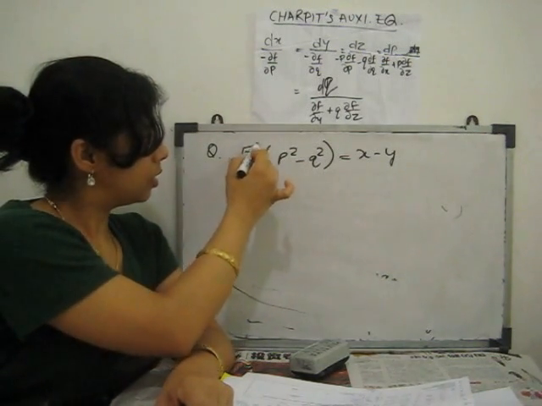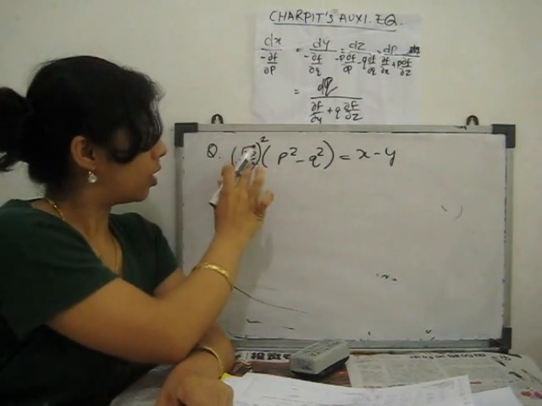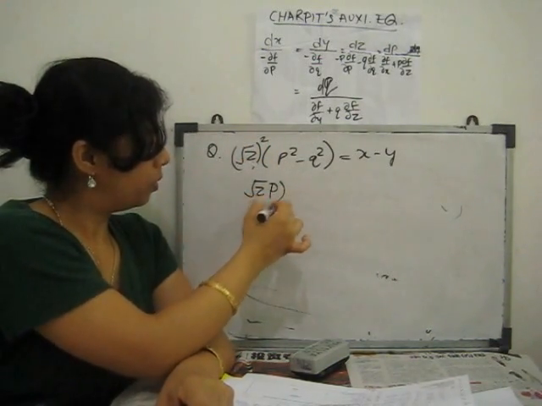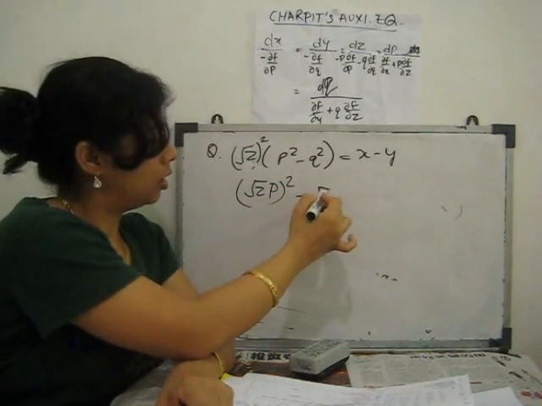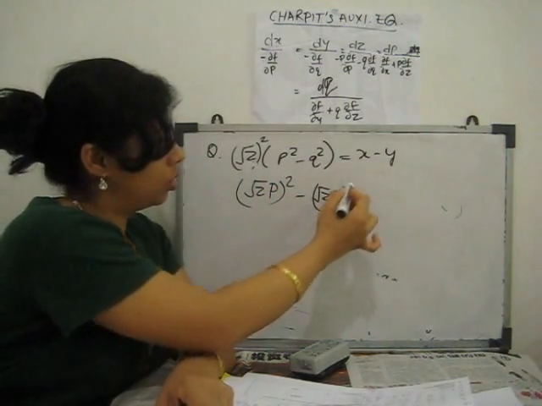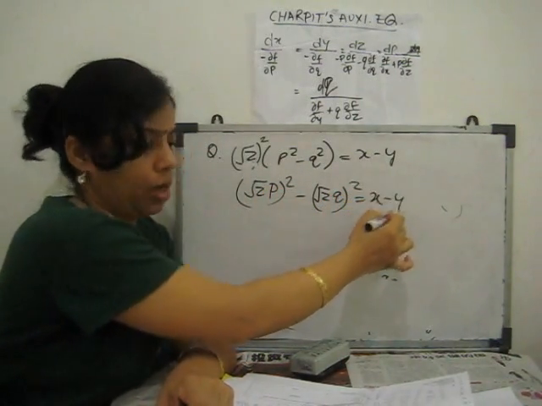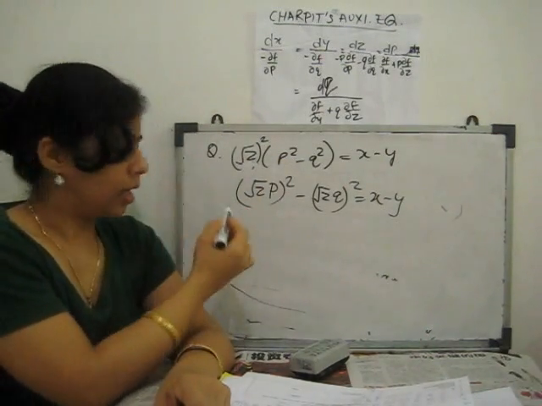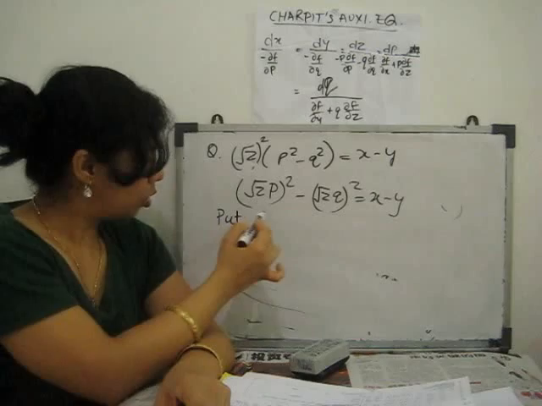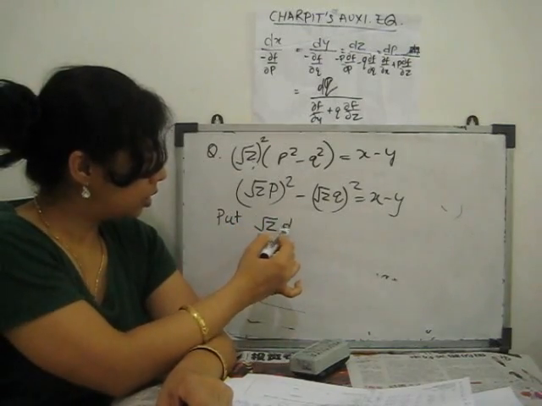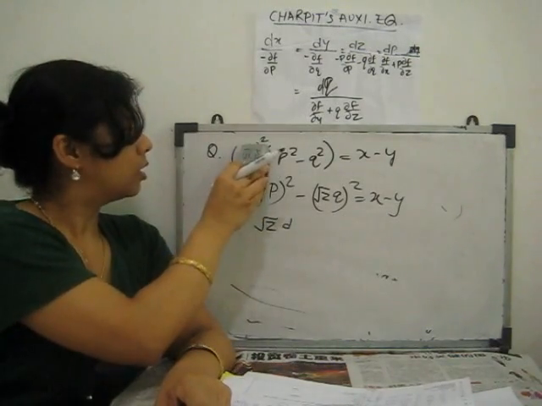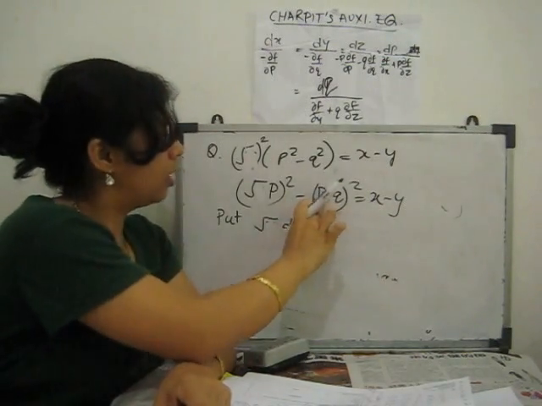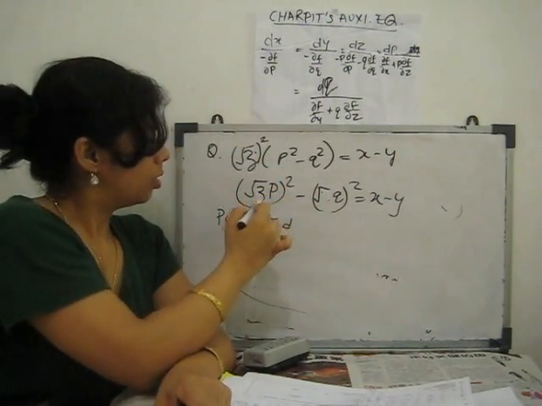See, I write this is g. If I say this is square root of z, squared. Clear? So I write z into p whole square minus z into q whole square equal to x minus y. Clear? Now if I substitute square root of z dz, if I say this notation is small, then you easily understand the notation.